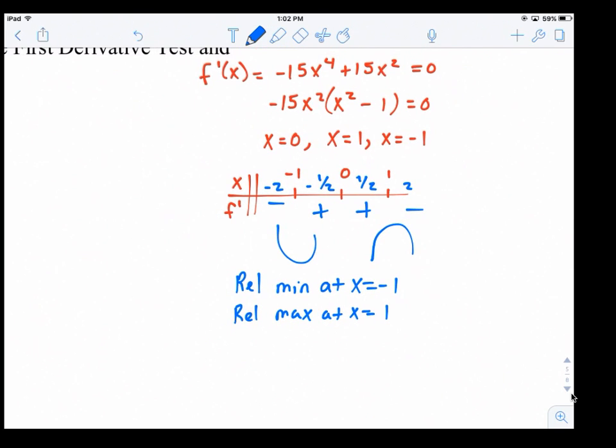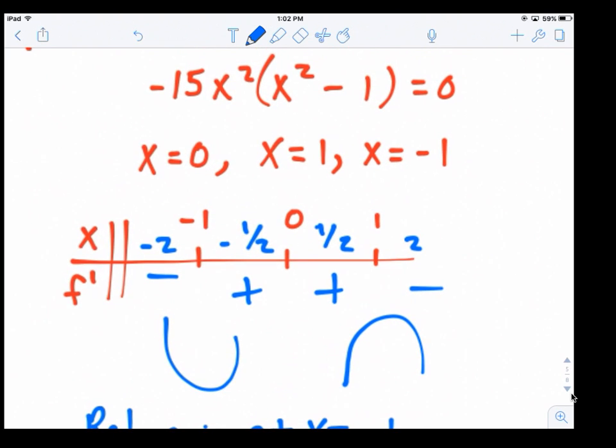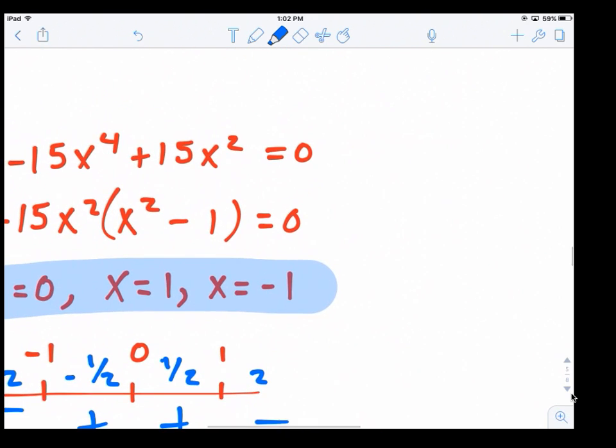That's from last section. So now we figured out that my critical values were these values here. So I'm going to figure out the second derivative and then plug these critical values in, and it should help me determine if it's a relative min or a relative max.